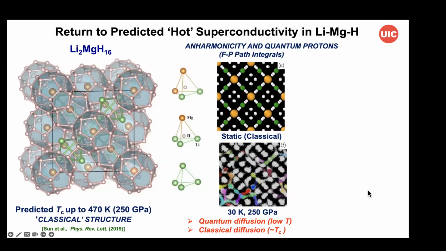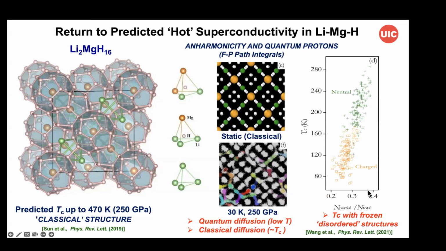So if you basically just freeze these structures and calculate the TC in a rather crude sense, make some assumptions for the charge on the hydrogen, you see a whole range of TCs that start at basically above 400 Kelvin for the calculation in the absence of any kind of diffusive or anharmonic motion or quantum effects, but going down to very low temperatures.